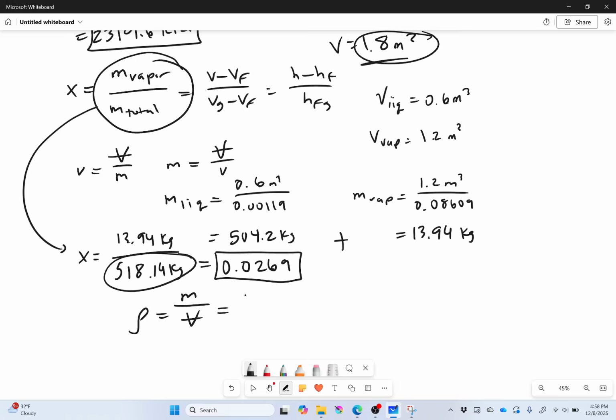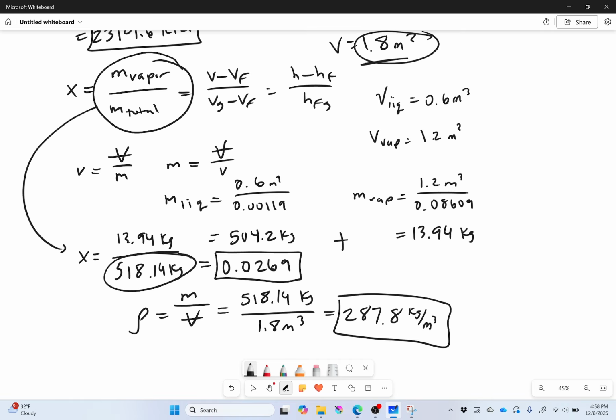So if I plug that in, I get 518.14 kilograms divided by 1.8 meters cubed. And that comes out to be somewhere around 287.8 kilograms per meter cubed. So there we go. That was super simple.